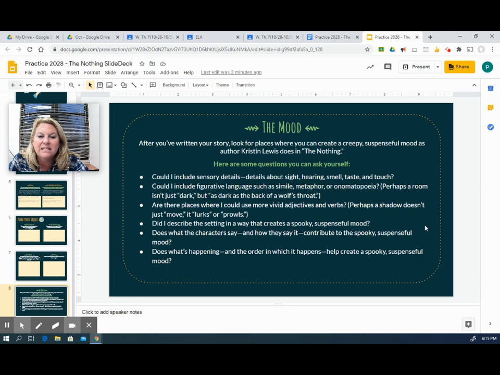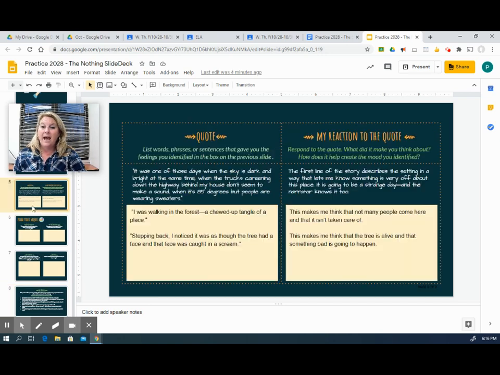Did I describe the setting in a way that creates a spooky or suspenseful mood? And does what the characters say and how they say it contribute to the spooky, suspenseful mood? Does what's happening and the order in which it happens help create a spooky, suspenseful mood? So keep all of these things in mind as you write your story. So today you're reacting using your quotes, and that should just take a few minutes.